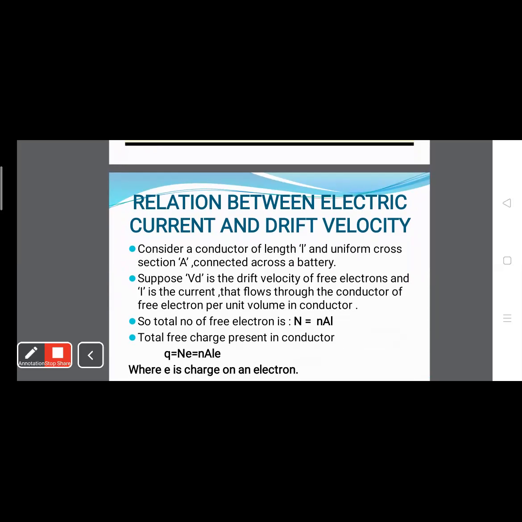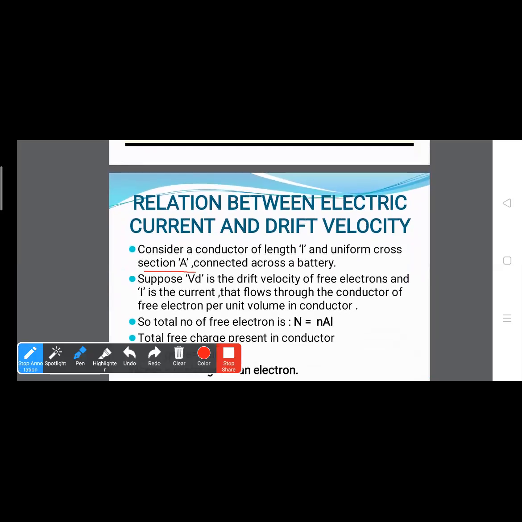From the above figure, consider a conductor of length L and uniform cross-sectional area A, connected across a battery. This is the conductor and the battery is connected to this conductor, right? Now, suppose Vd is the drift velocity of free electrons and I is the current flowing through the conductor.